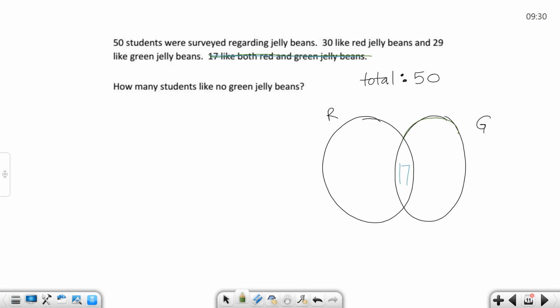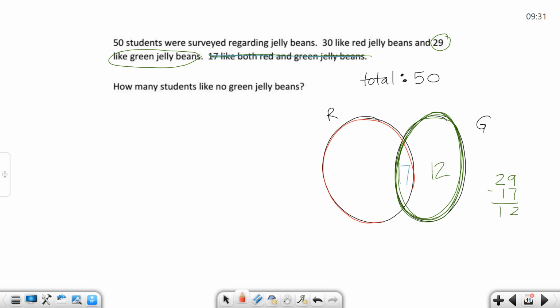Here's my green circle. In the green, it says 29 like green. So in this green circle, I have to have 29. Well, right now I have 17. So to see how many is left, we'll just subtract it. So there are going to be 12 of those that are left.